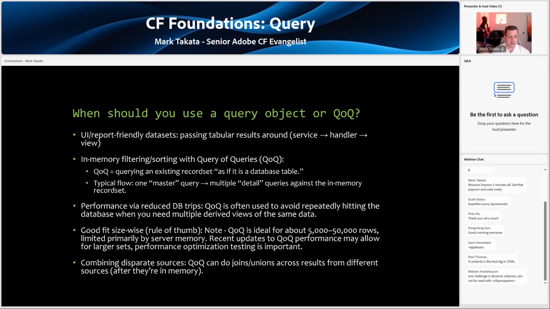You're going to use a handler to do all the manipulation of it, filtering, whatever, and then drop that into a view. That pattern is the optimal place for using a query object, generally. Pretty much anytime you're hitting a DB is a really good time to do that.